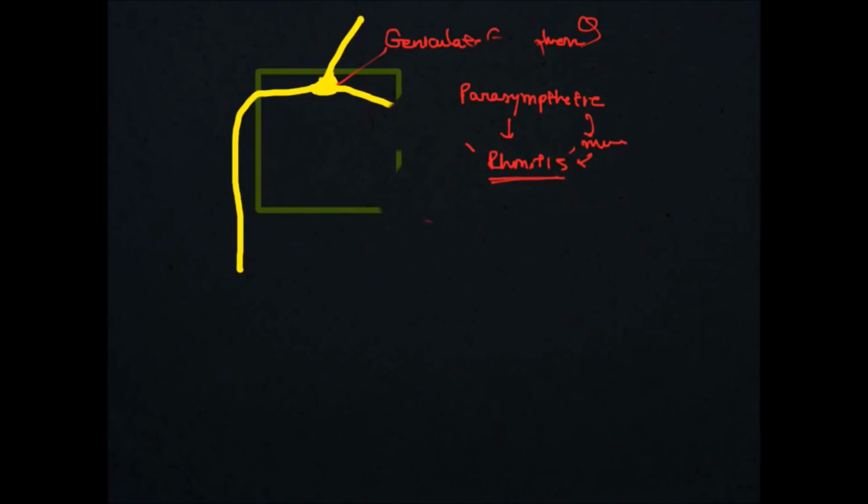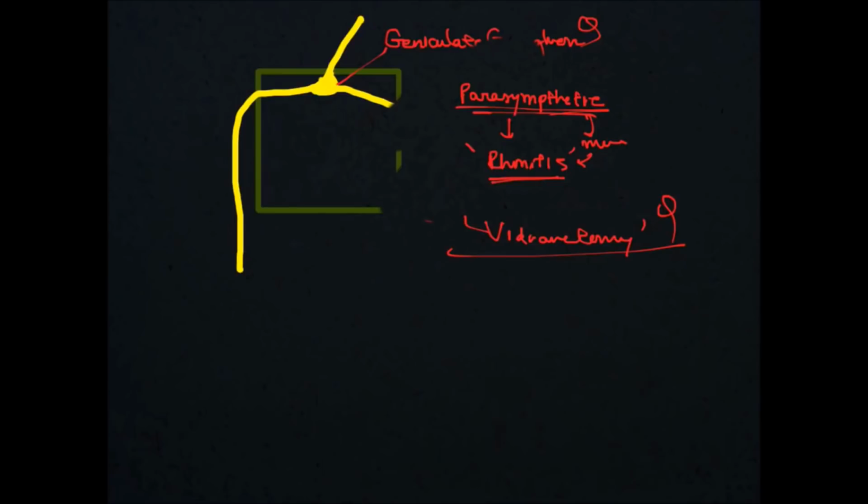So in such cases, we do vidian neurectomy. That is, we cut the vidian nerve. So the parasympathetic supply to the sphenopalatine ganglia will not be relayed, and thereby no vasomotor rhinitis will occur. So this is the clinically important thing related to the vidian nerve and the nerve supply.